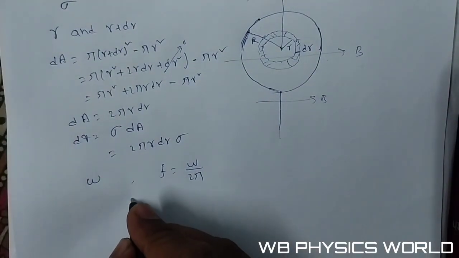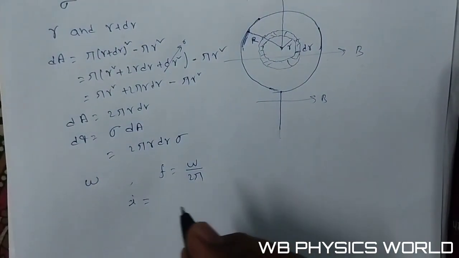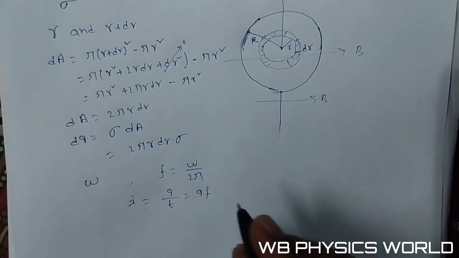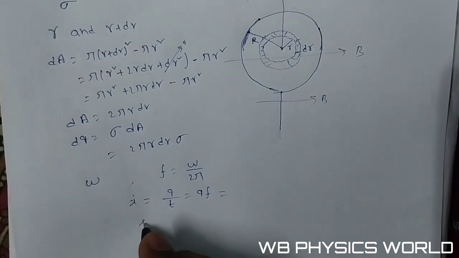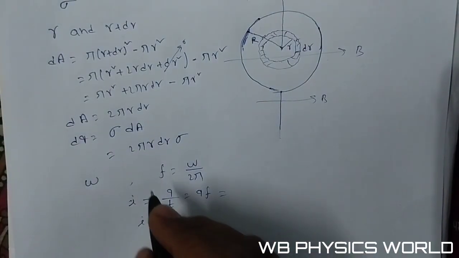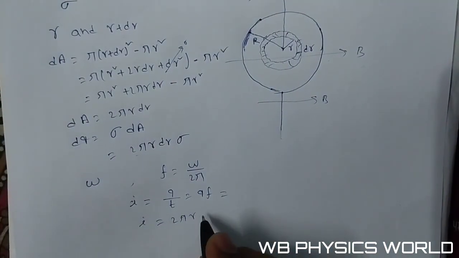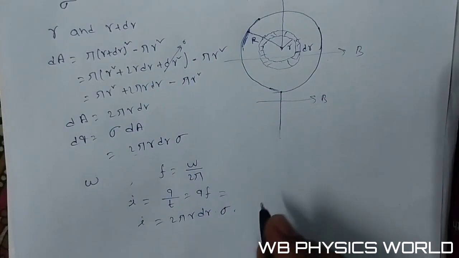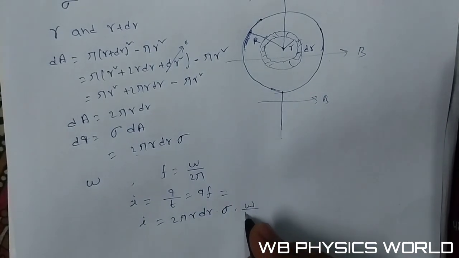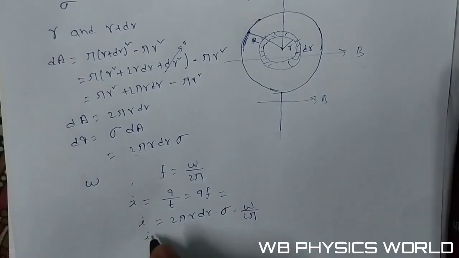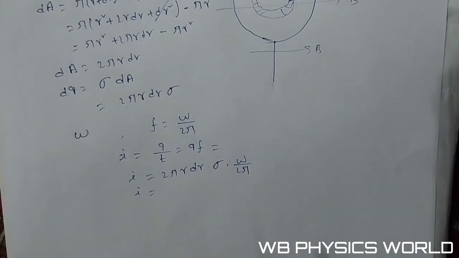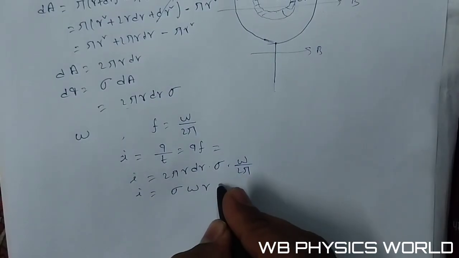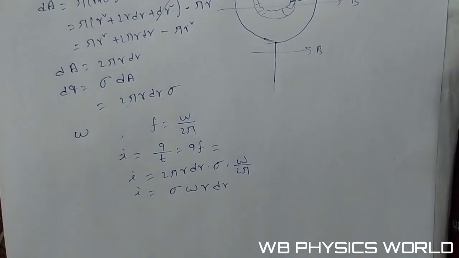Now the current, that is I, is equal to q by t, that is q into f. Here q is 2 pi r dr into sigma and f is omega by 2 pi. So current is I equal to sigma omega r dr.